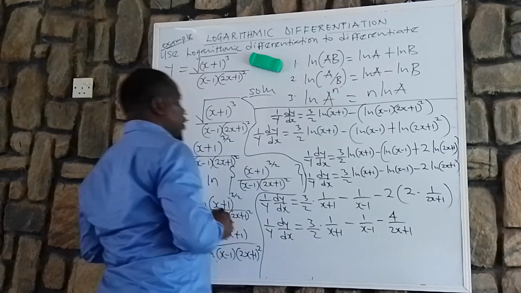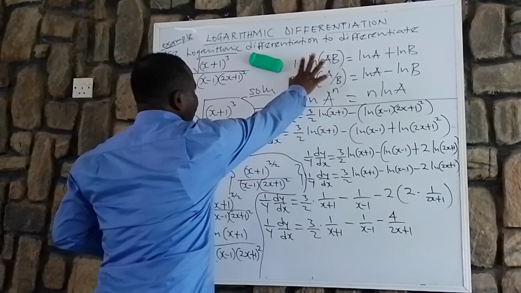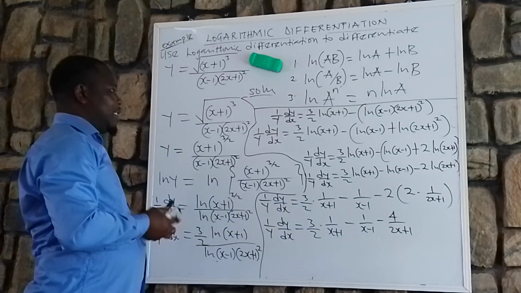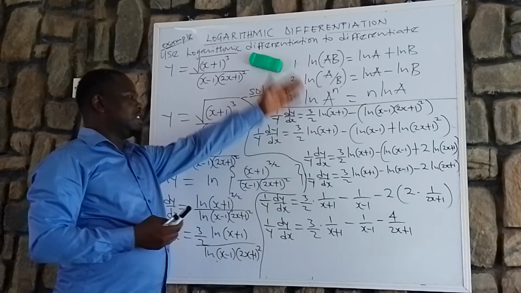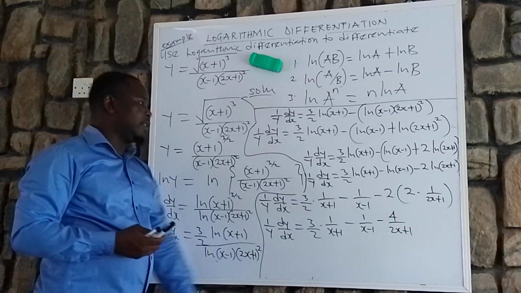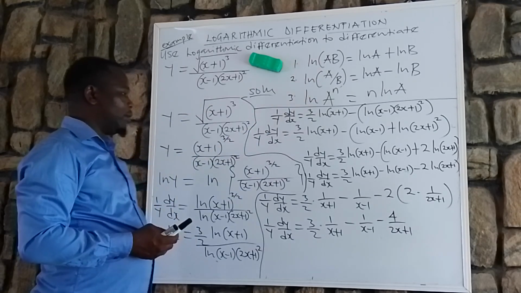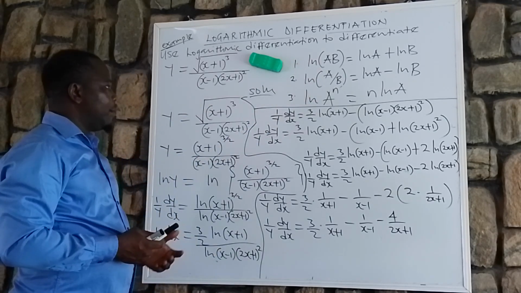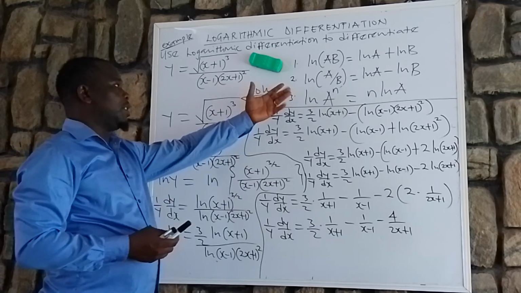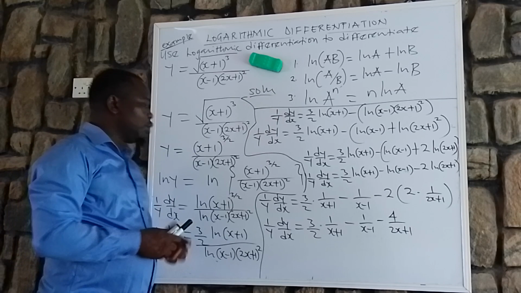True or false? You see that these laws are very important. All through the differentiation, we have been making use of this law. So that's why I said earlier that one needs to know this law offhand. Because it's this law, most especially in logarithmic differentiation, that you will use.